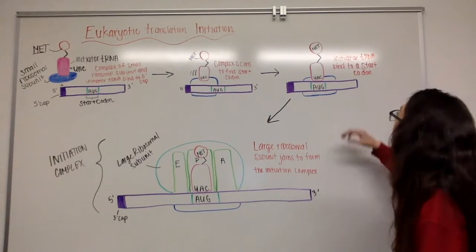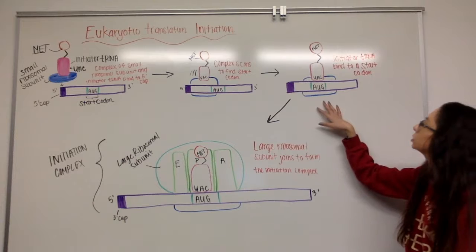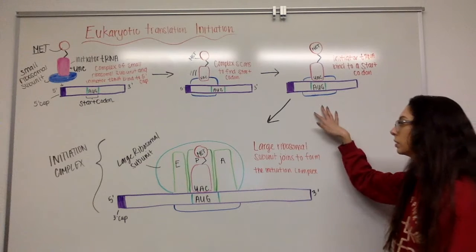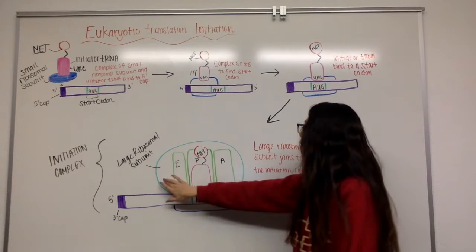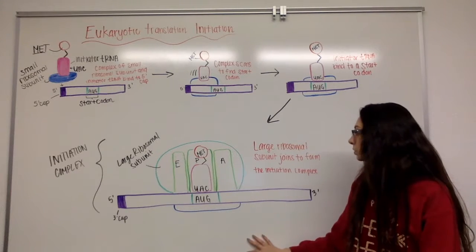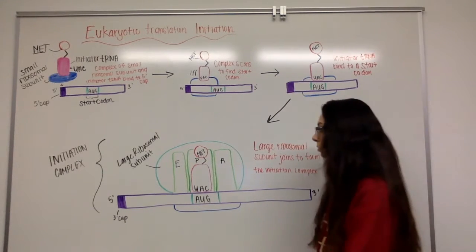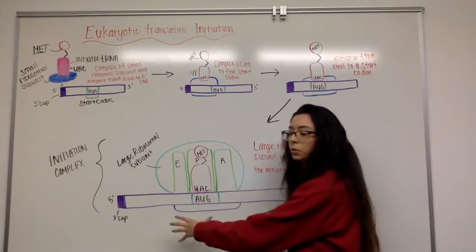And then once it finds the start codon and binds to it, the large ribosomal subunit, which is pictured right here, joins to form the initiation complex, which is this whole thing right here.